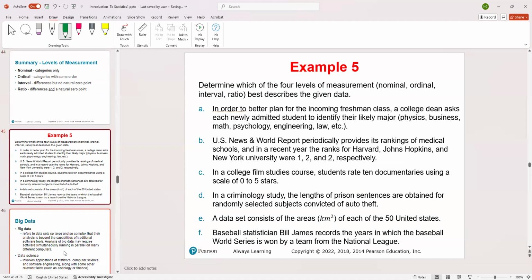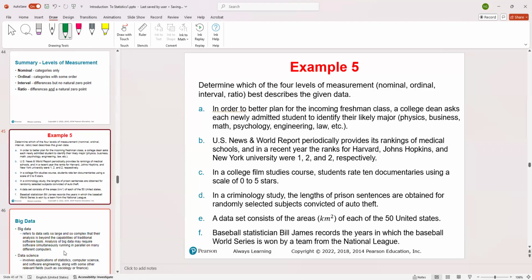All right, let's do some examples very quickly. Determine which of the four levels of measurement, nominal, ordinal, interval, or ratio, best describes the given data. We're going to review these examples very quickly.